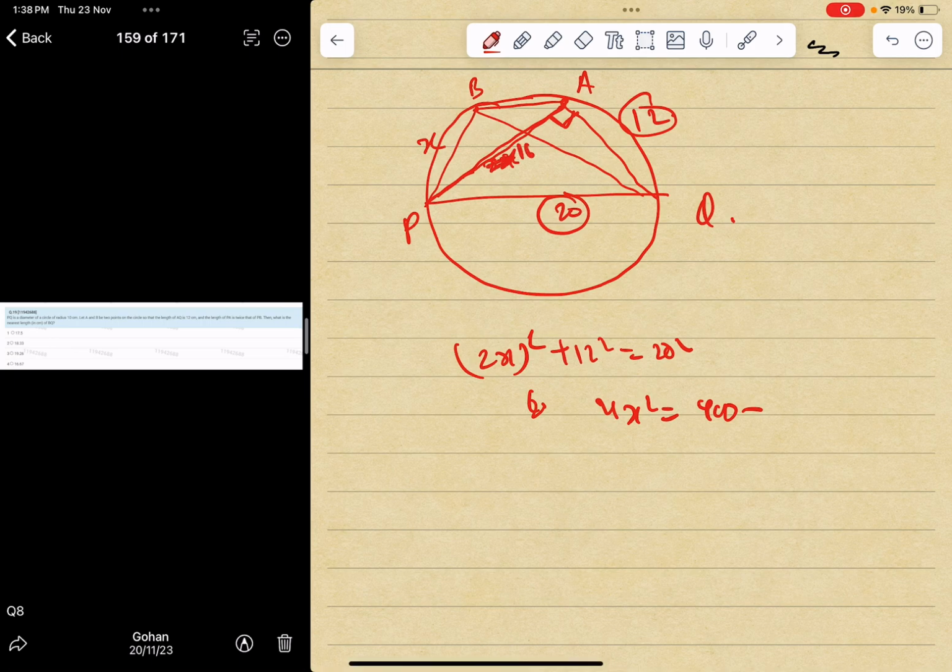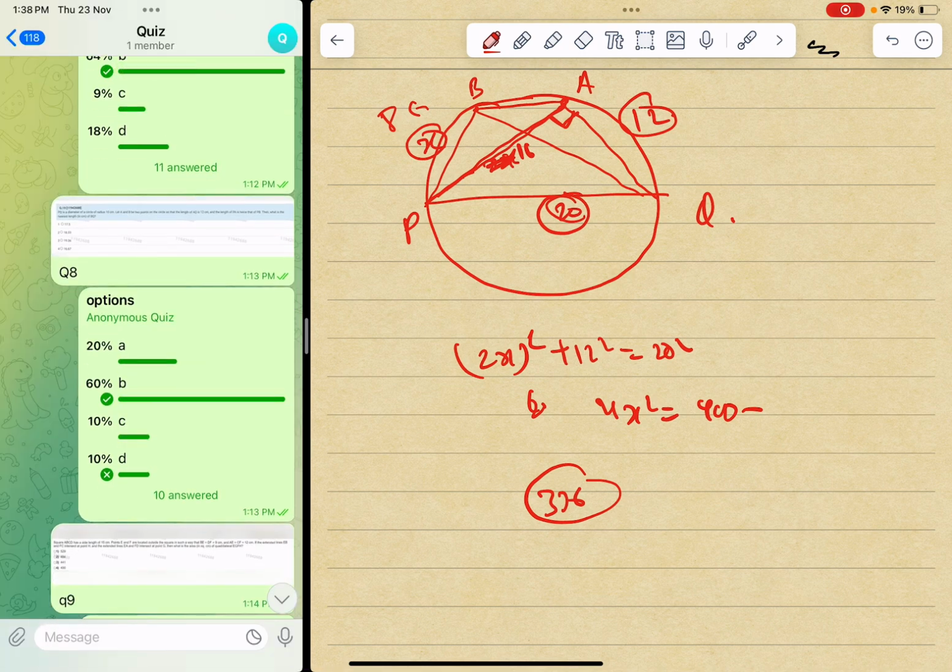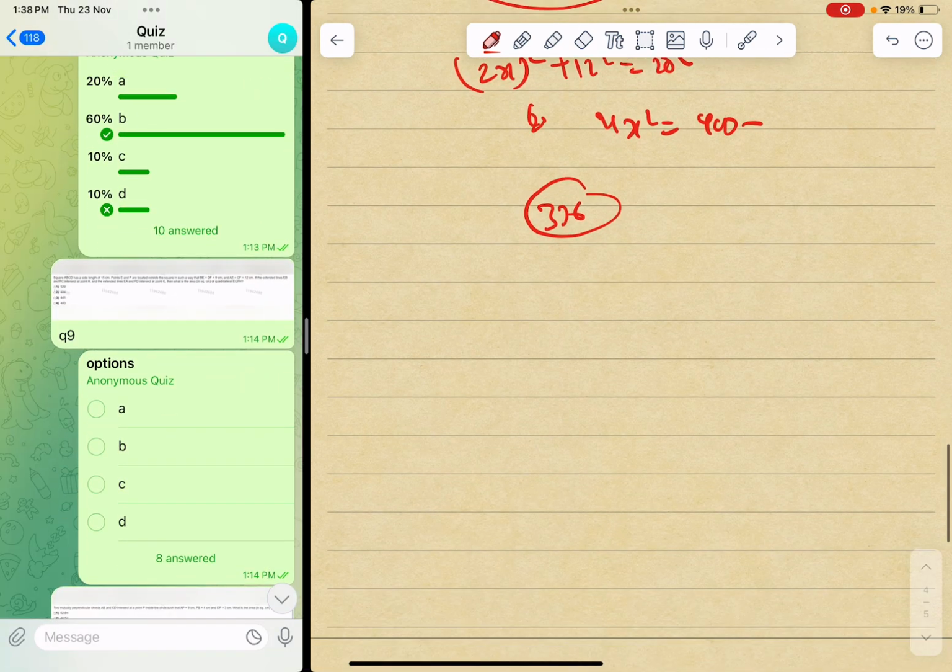So this complete we got as 16, which means this is 8. This is 20. 400 minus 64 is 336. 336 root will be how much? Looks like 18 squared is 324, so somewhat around 18. Any option as such? Only option 2 I can look at, so 2 is the answer to this question. Done.